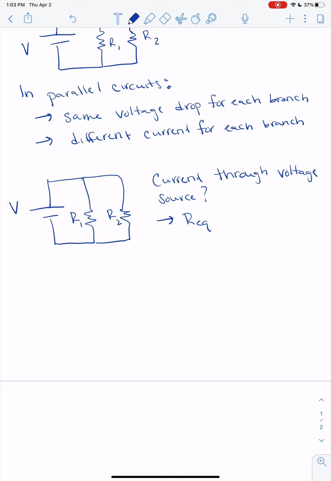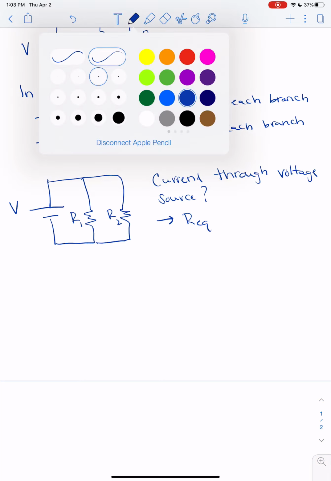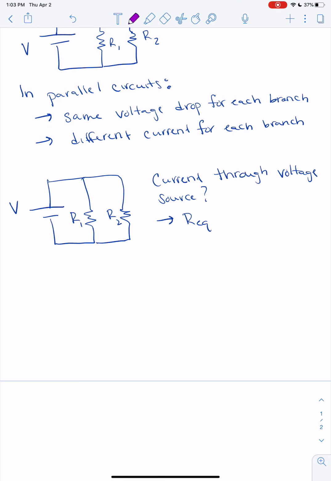So how we do that, our general equation for two loops, or two branches, is going to be Req, the equivalent resistance, equals R1 times R2 divided by R1 plus R2, okay?